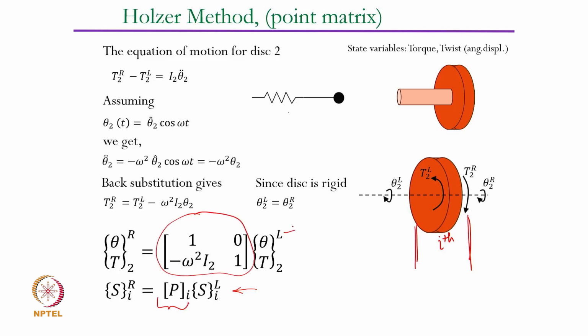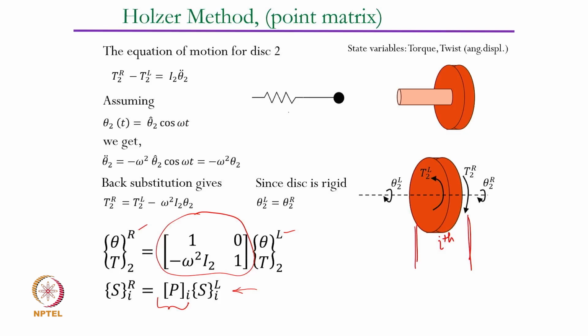The state vector on the left and the state vector on the right of the ith segment, in this case the second segment, the second disk, are related through this matrix, which is now called a point matrix, because we are considering that at that point only inertia contributes, there is no strain energy stored. So it is a point matrix.